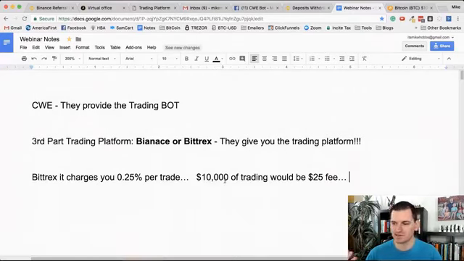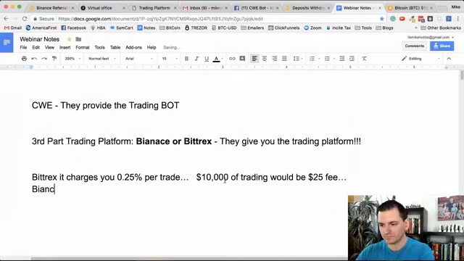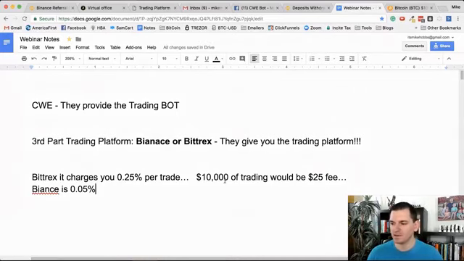You guys agree that that's pretty good. So if it's just doing $10,000 worth of trading, it only costs you about 25 bucks in fees through Bittrex. Well, with Binance it is 0.05%. So 5 times less cost. So basically the same $10,000 in trading.